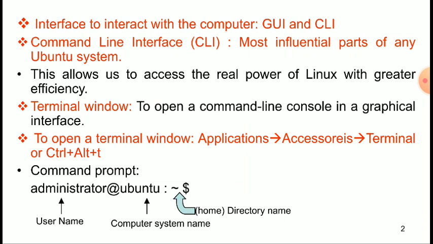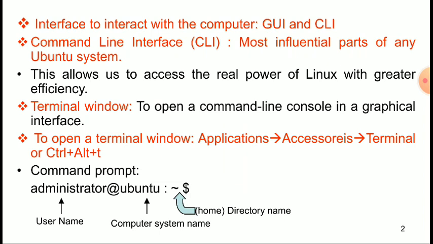Terminal window, to open a command line console in a graphical interface. A window named terminal window is provided in Linux. To open a terminal window, click on applications, then accessories, and then terminal.